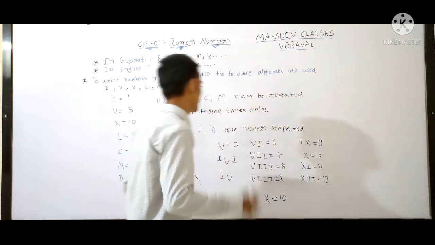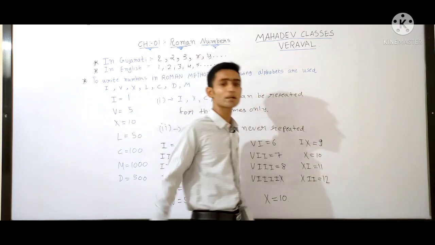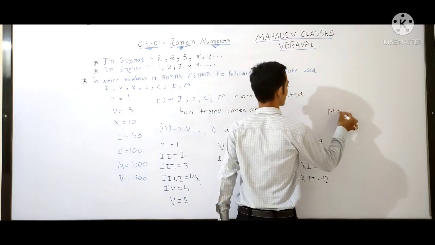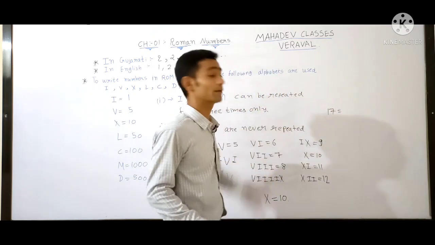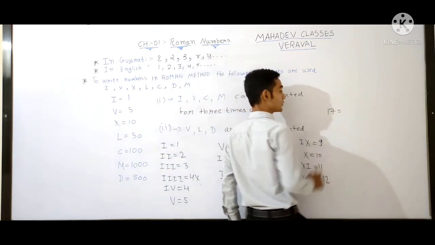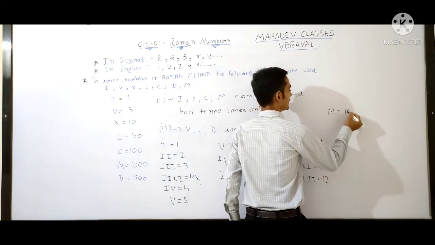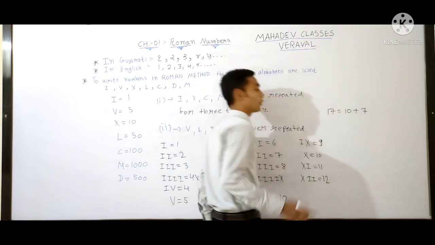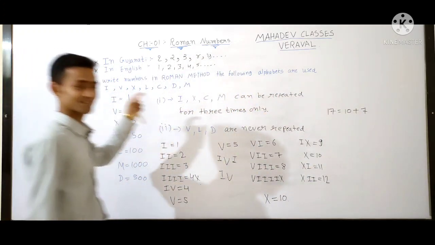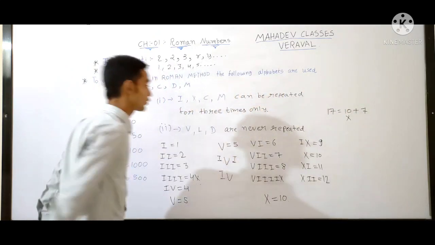Now suppose somebody asks you to write down the Roman number of 17. How will you write it? You have to follow this step to get the Roman number correctly. 17 means you have to split it. You can write it as 10 plus 7, and you already know the Roman number of 10, which is X. So you simply write X here. And what will be the Roman number of 7?